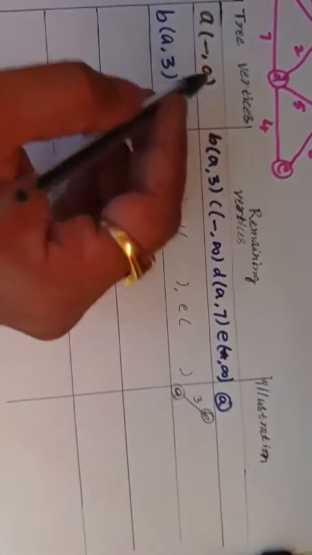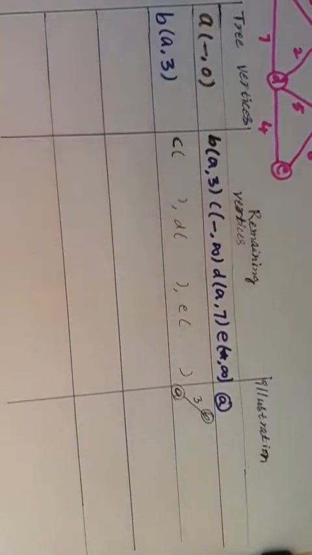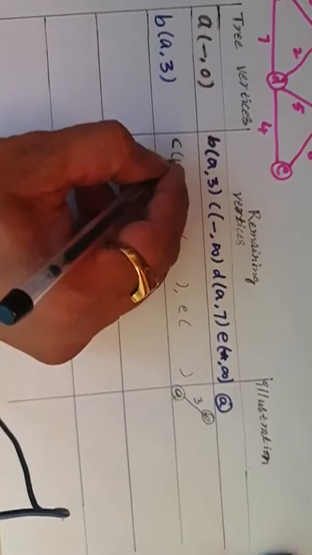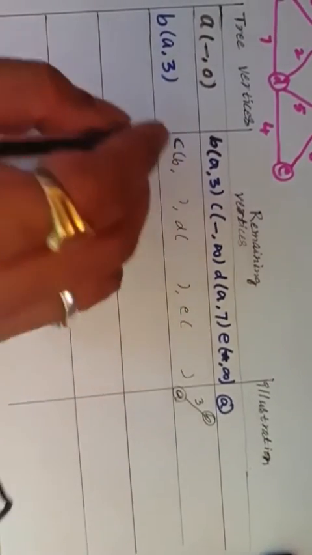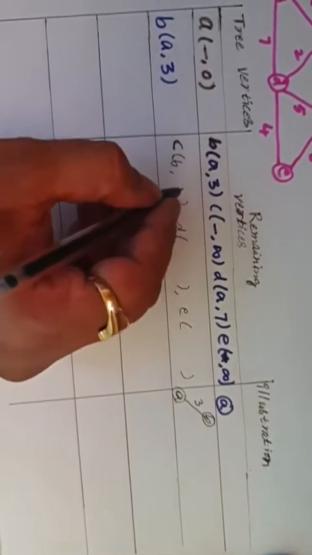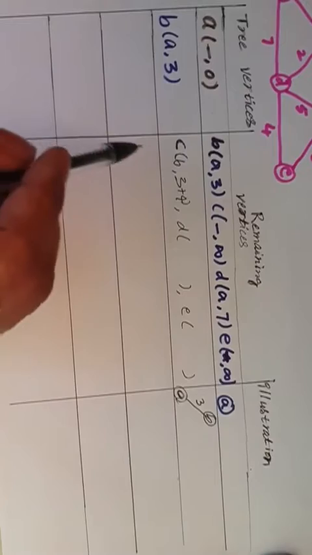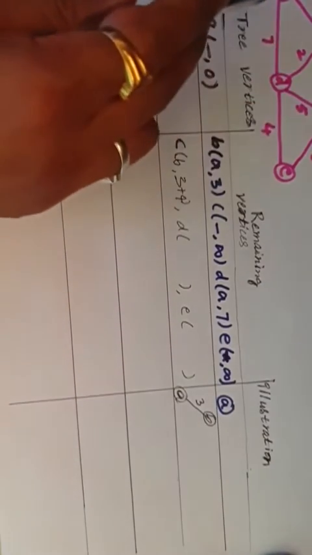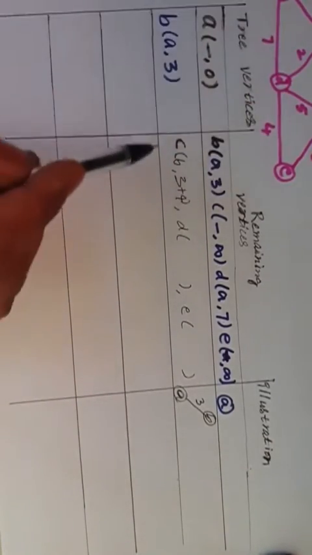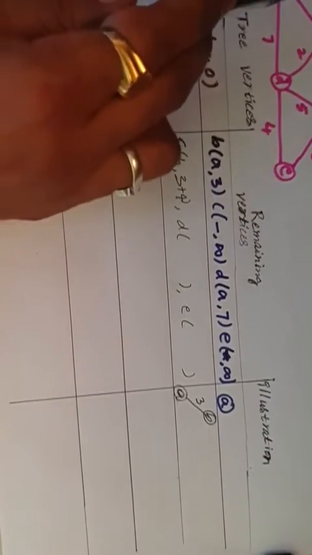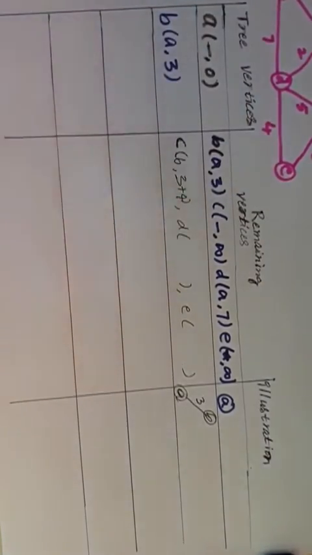Hence I am going to write c of b comma, and the cost is 3 plus 4. Let me explain why: c can reach a through b with the cost 4 plus 3, or 3 plus 4. So that is the cost.